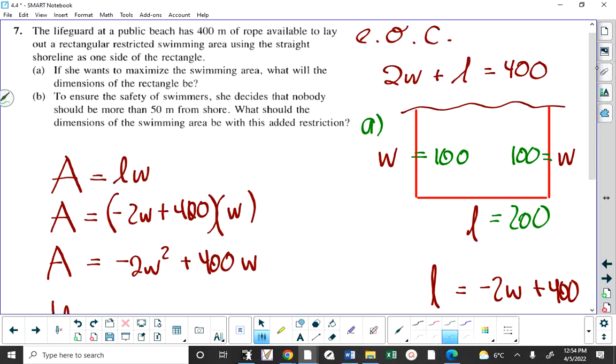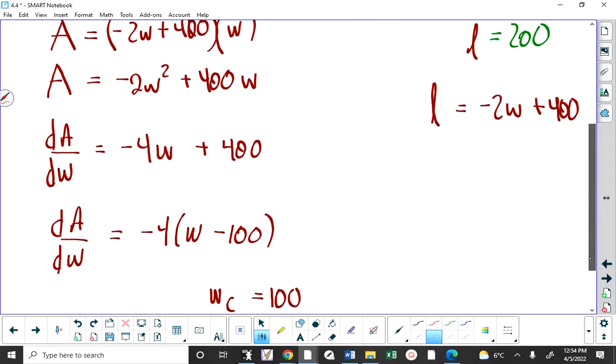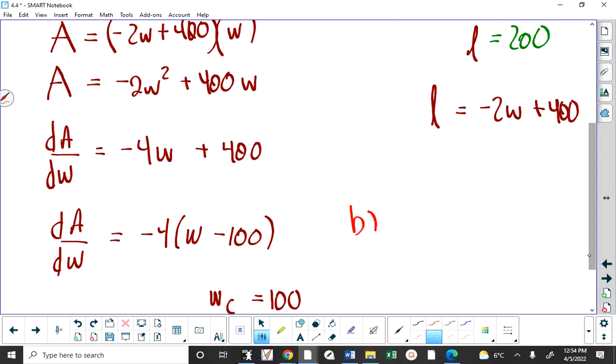With B, the fact of the matter is, the work is going to all be the same, isn't it? Just because you have some limitation on what W is doesn't mean the area isn't still calculated that way. So for B, you're looking at the derivative, you're saying the critical value of W is 100, but then you have to throw it out.